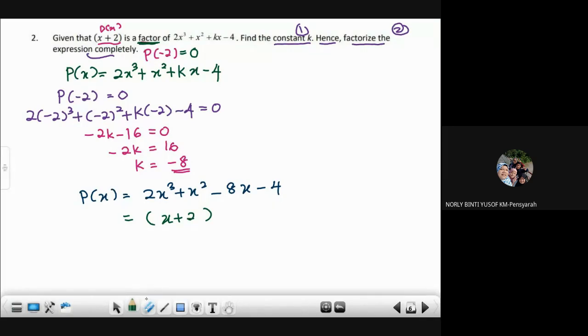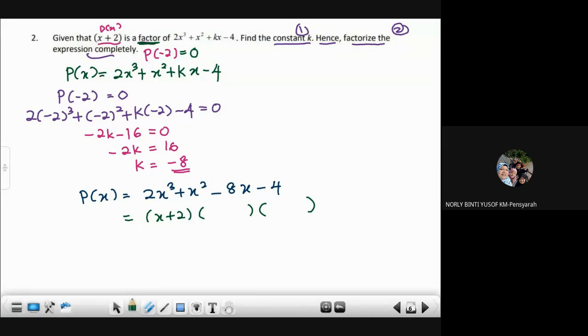So nak cari lagi 2, actually you can use your calculator. Sebab hence kan kita tak payah pakai long division lah. Sebab completely maknanya kena factorize. So you can use your calculator. You tekan polynomial, degree dia 3. So a dia 2, b dia 1, c dia negatif 8, d dia negatif 4.